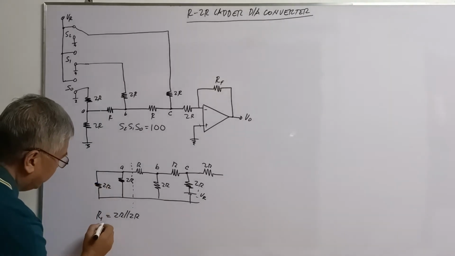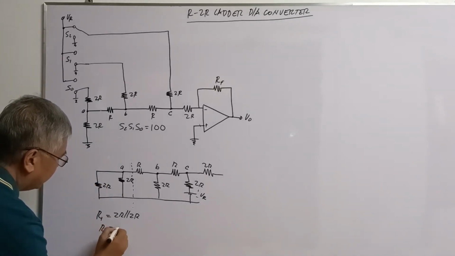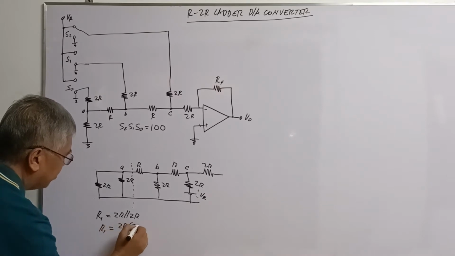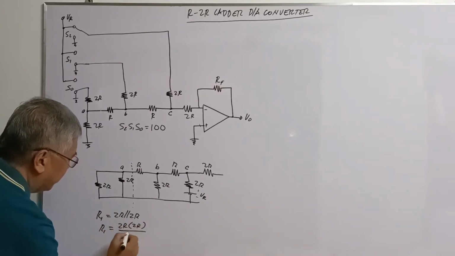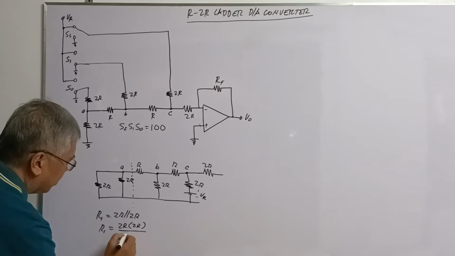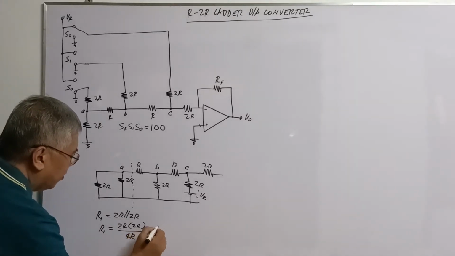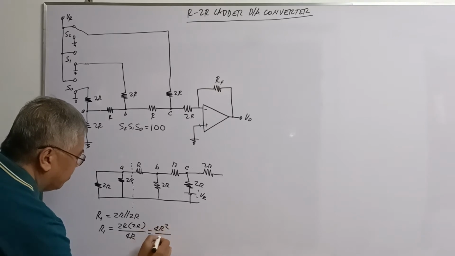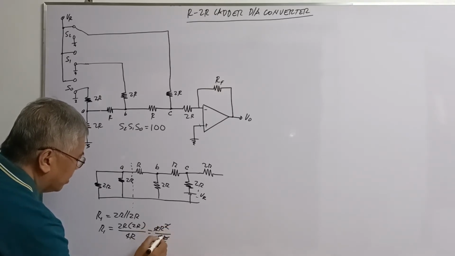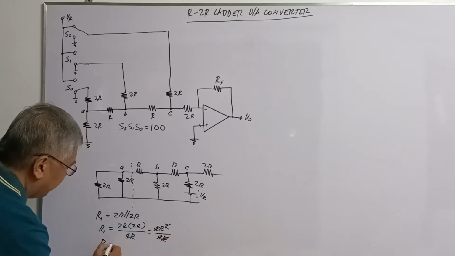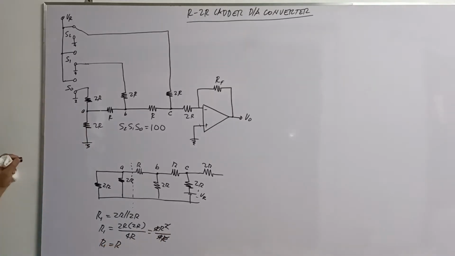Therefore, R1 is equal to 2R times 2R over 2R plus 2R, which is 4R. So you will have 4R squared over 4R. Cancel the R, cancel the 4. So R1 is equal to R.